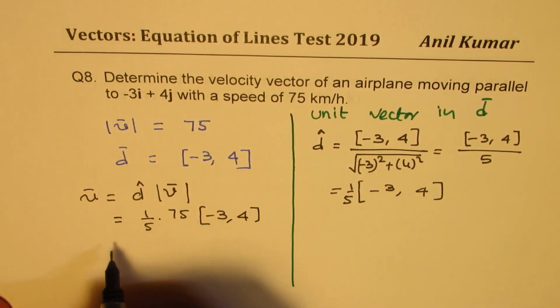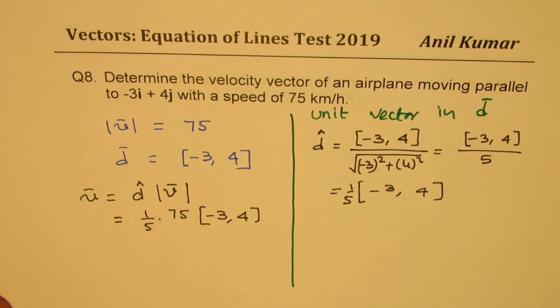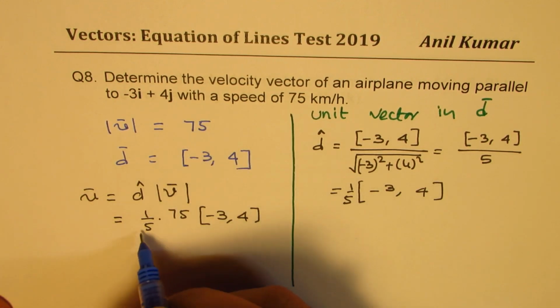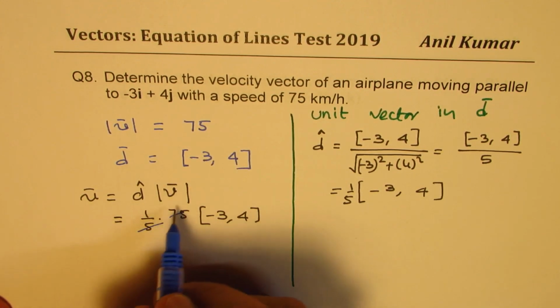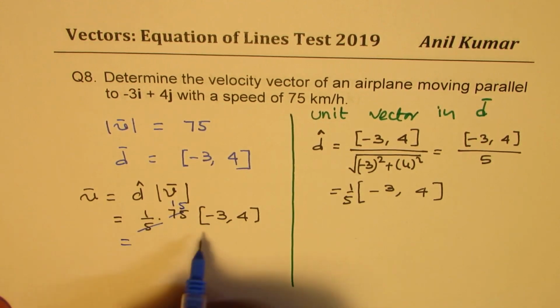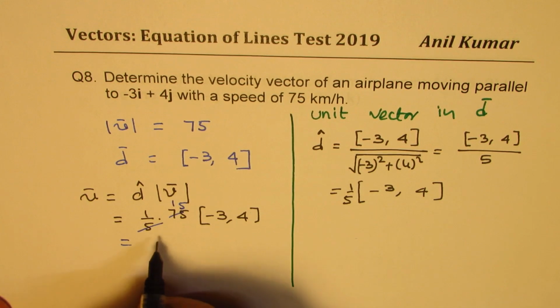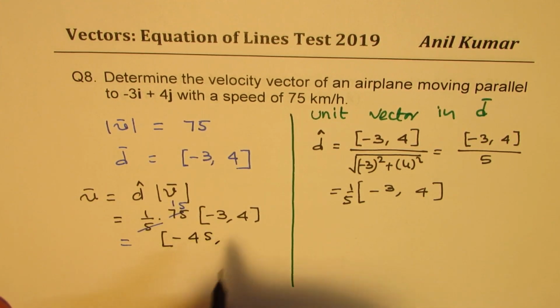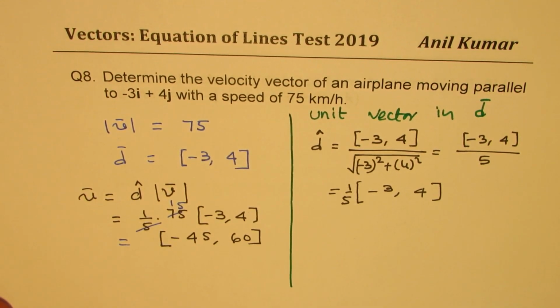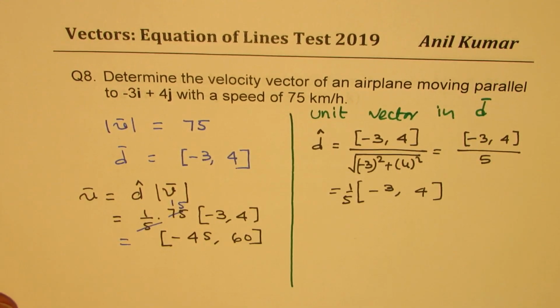I've taken this liberty to write it like this so that it's simpler, that's all. So we'll just divide, and then 75 divided by 5 is 15, then multiply inside and get your answer. So the velocity vector is minus 45, 60. Do you see that? So that becomes the velocity vector in the given situation.